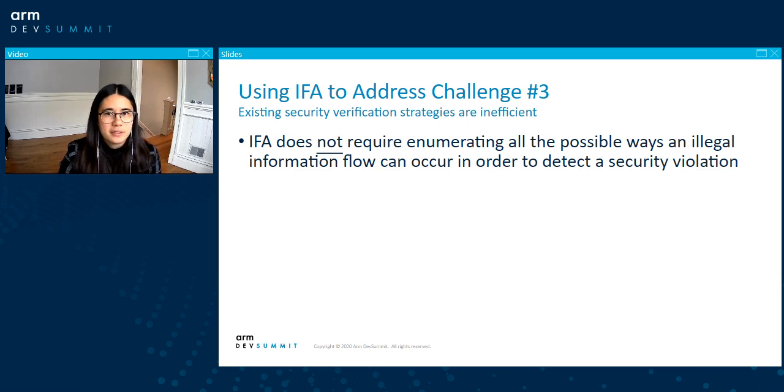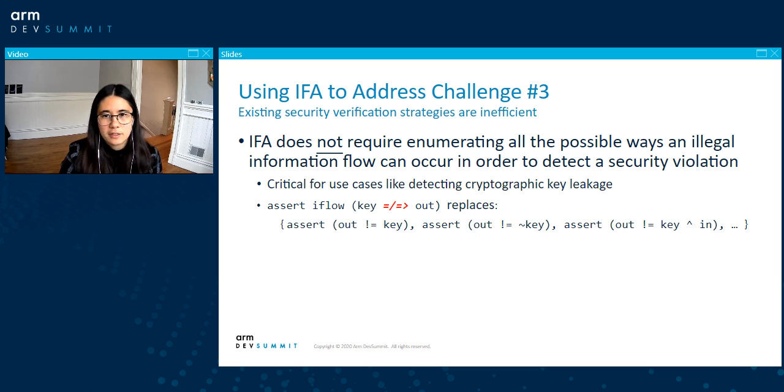Information flow analysis does not require enumerating all the possible ways an illegal information flow can occur in order to detect a security violation. And that's a really important point that is critical for use cases like detecting cryptographic key leakage, because you have a very simple information flow property, such as the key should not flow to the output.